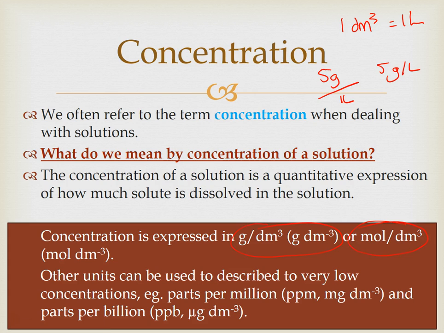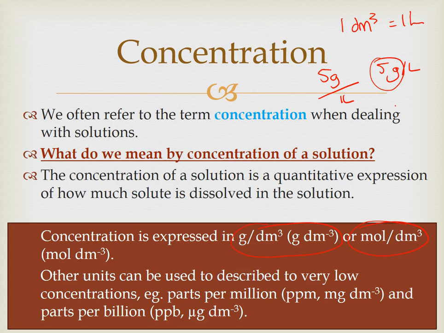To have moles per decimeter cubed, I would need to convert this mass into a number of mole first. But what we're talking about still, regardless of whether it's mole or grams, is the amount of substance present in 1 liter, or 1 decimeter cubed, of solution.